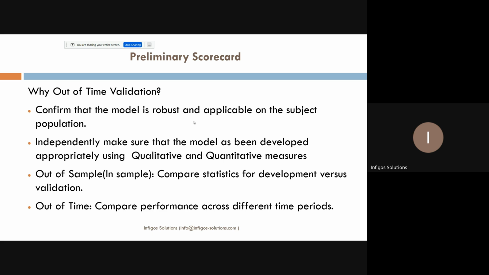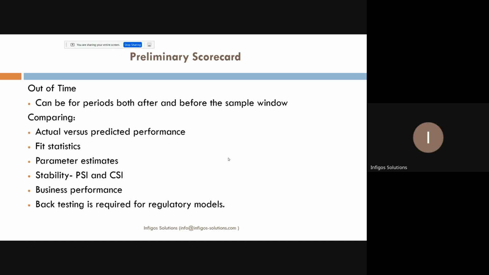You want to check all the quantitative and qualitative measures, and compare the statistics of the development sample with the out of time sample. You compare the performance across different periods to make sure your model is robust. Any question? No. Okay.